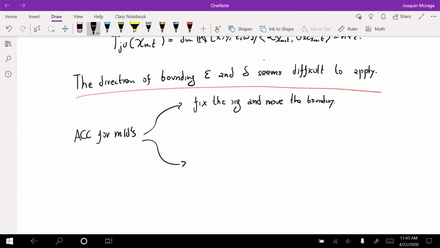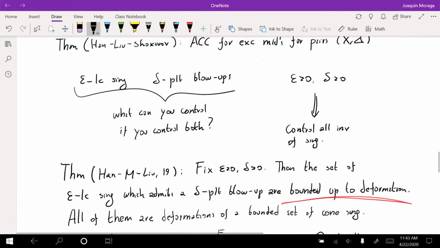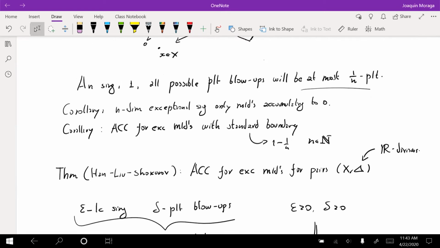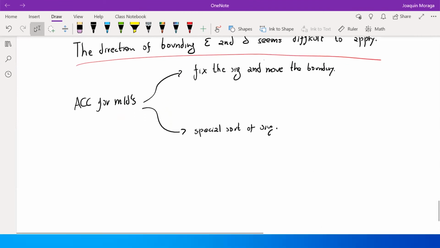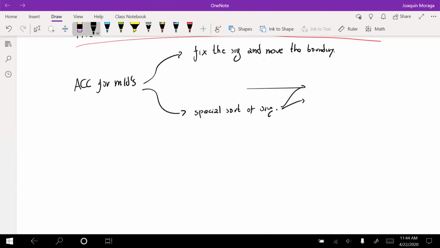But then there is the other one, which is to look at a special sort of singularities and prove the ACC there. If you think about it, ACC for exceptional singularities falls in this second category. We take a special sort of singularity that has a nice property, and then we try to prove ACC. There is a lot of work done on these special singularities.